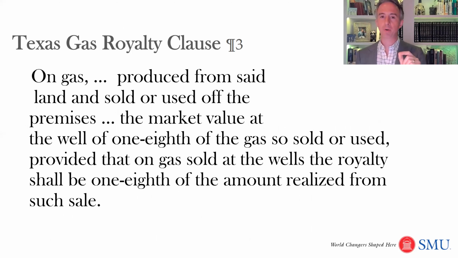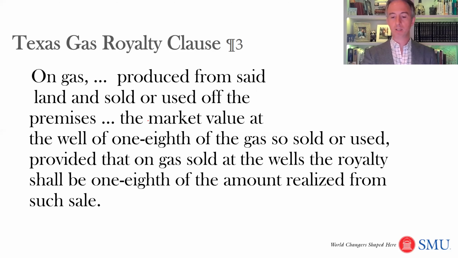Okay, a gas royalty clause. Here's one example, and we'll look at a couple of what a gas royalty clause could look like. On gas produced from said land and sold or used off the premises, the market value at the well of 1/8 of the gas so sold or used, provided that on gas sold at the wells, the royalty shall be 1/8 of the amount realized from such sale. Okay, I want you to look carefully at what that's saying.